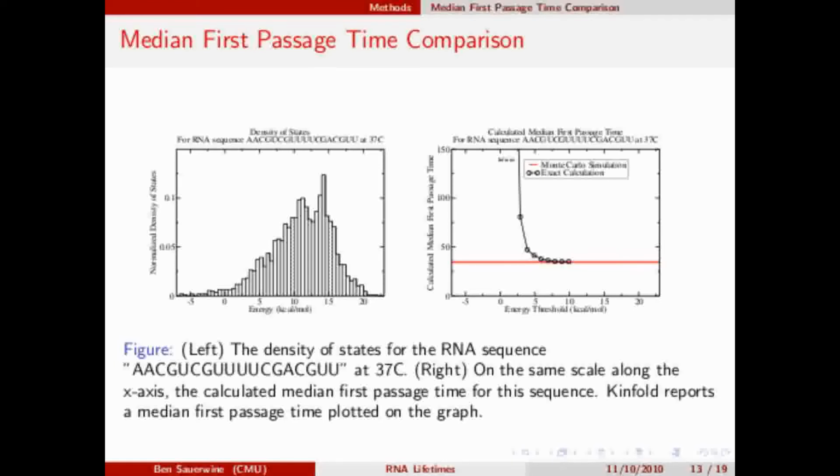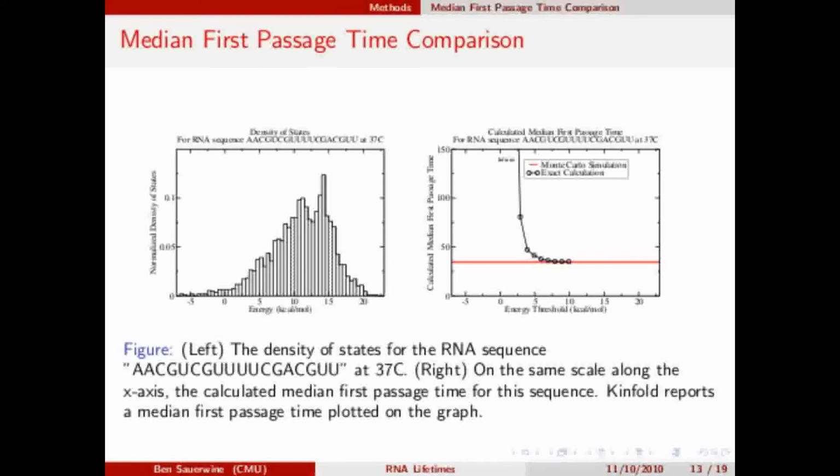On the right, on the same x-axis, I have a plot of the calculated median first passage time compared to the simulated median first passage time in red. On the left, because there's no pathway available at these low energy thresholds, the result is infinite. As we hit the saddle point, we see that I overestimate the median first passage time because I haven't considered higher energy states.